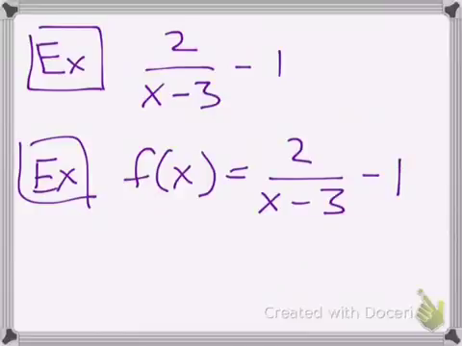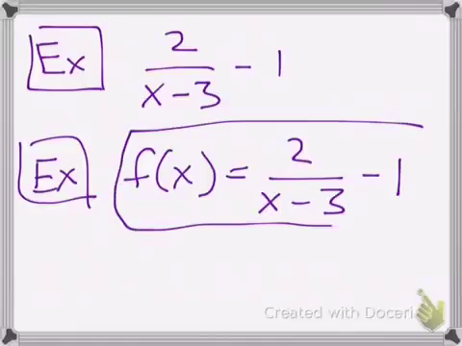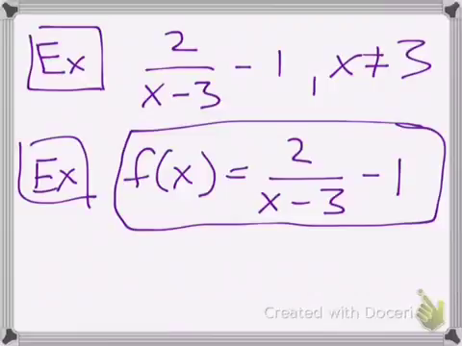Remember, f of x is just a fancy way of writing y equals. F of x replaces y. It's function notation. X can still not be 3, right? Can x be 3 in this expression? No, x can't be 3 in this equation because x can't be 3 in this expression.